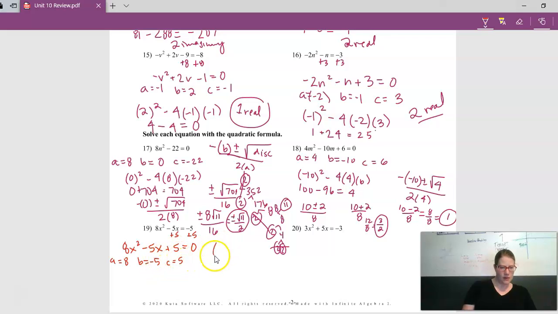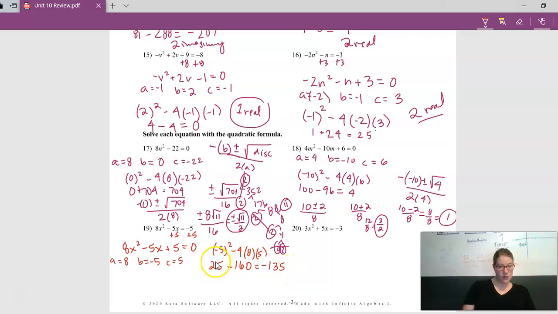Find my discriminant would be negative 5 squared minus 4 times a times c. This is 25 minus 4 times 5 is 20, and 20 times 8 is 160. So that would give me negative 135.